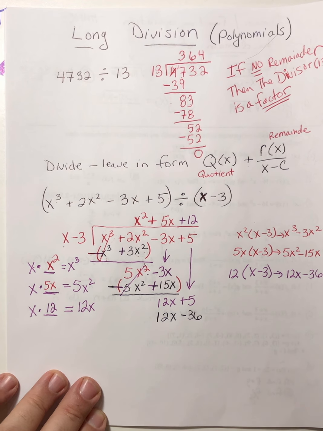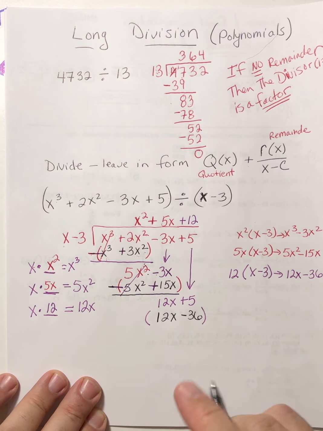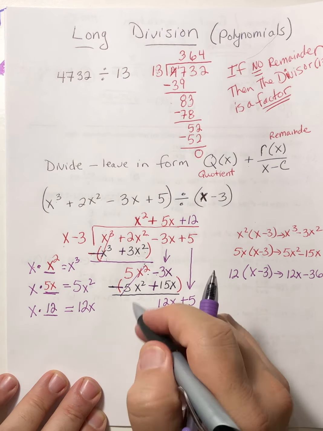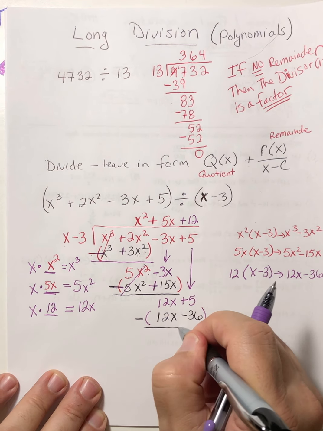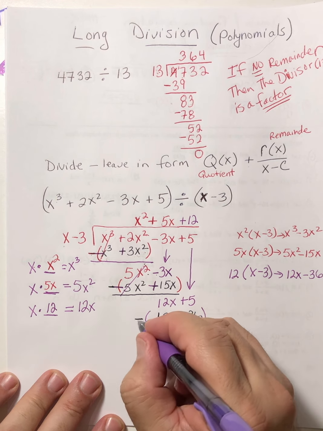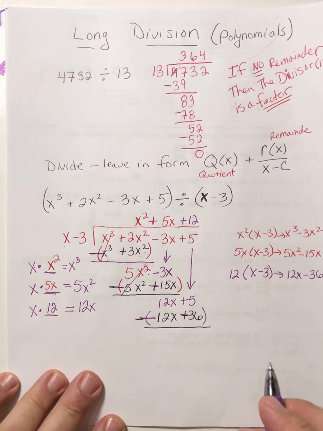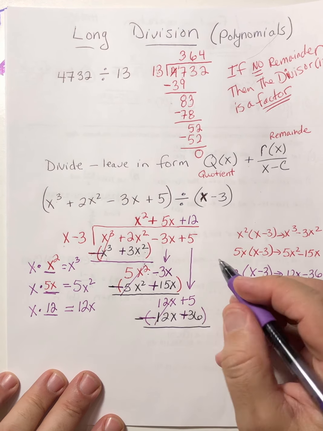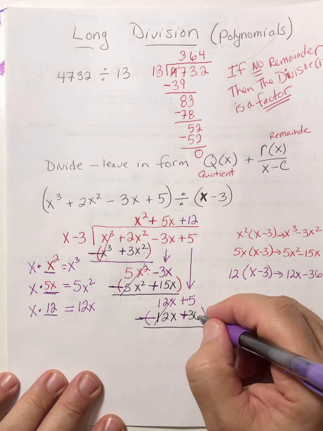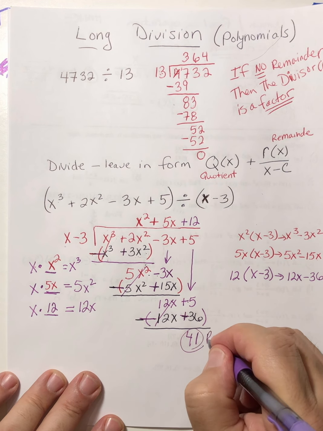And then we subtract. Okay, and now what happens with all these signs? That's right, they have to change. Okay. So those cancel, and now 5 plus 36 is 41. So that 41 is our remainder.